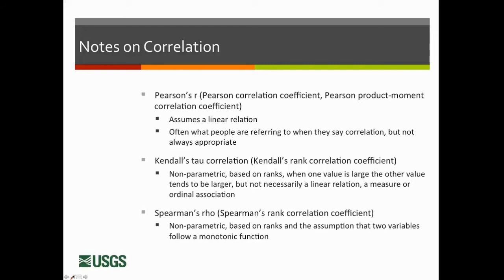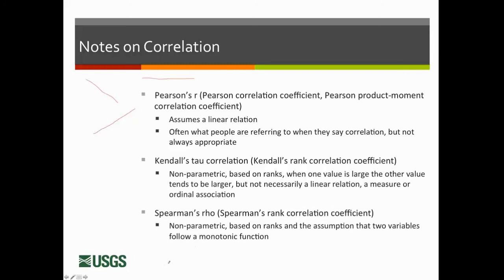So if I can get this to annotate. A linear relationship assumes the data can be approximated by a straight line, up or down. When there is no linear correlation, you don't have a straight line through the data.